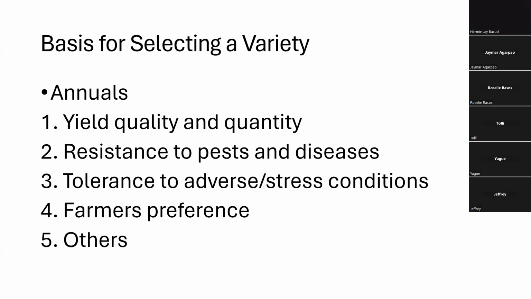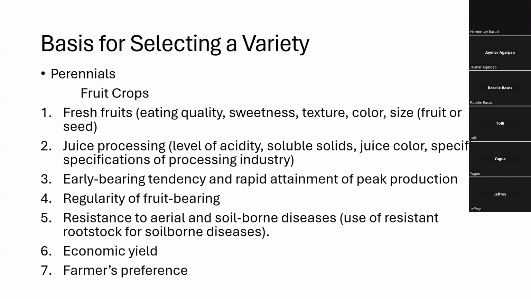For our perennials naman, mainly our fruit crops, these are our basis for selecting a variety. First, fresh fruits: eating quality, sweetness, texture, color, size of fruit or of its seed.